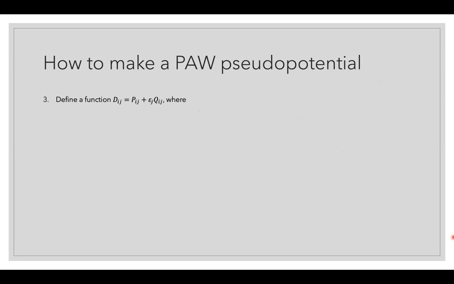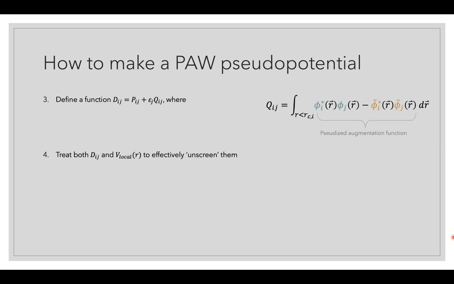You then take that operator P and use it to define another function called D, where D is equivalent to the sum of the new operator P plus the eigenvalue multiplied by this function Q, which is an integral over the augmentation region of something called the pseudized augmentation function. You take then the two key functions, your d sub ij as well as your local potential, and you effectively unscreen them.